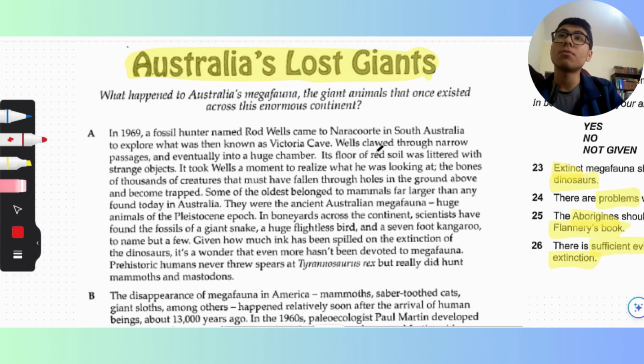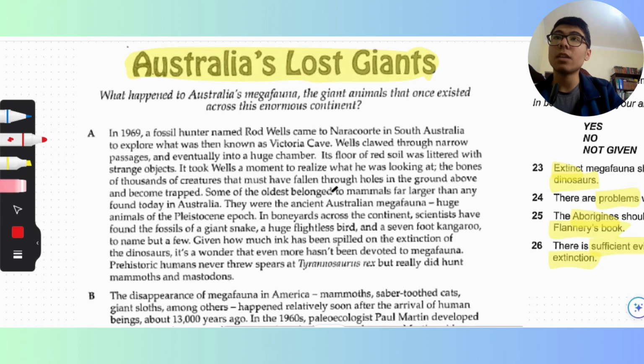Its floor of red soil was littered with strange objects. It took Wells a moment to realize what he was looking at: the bones of thousands of creatures that must have fallen through holes in the ground above and become trapped. Some of the oldest belonged to mammals far larger than any found today in Australia.